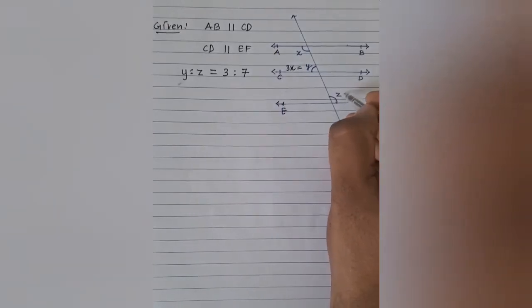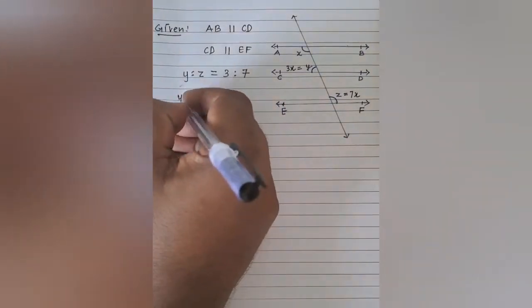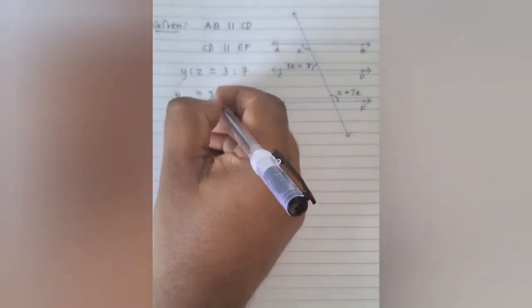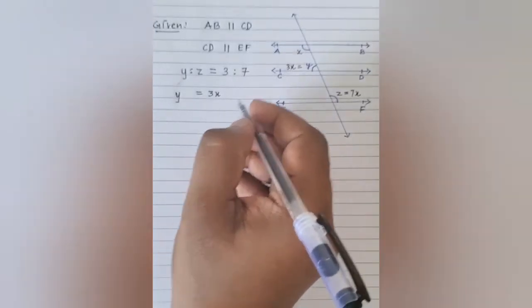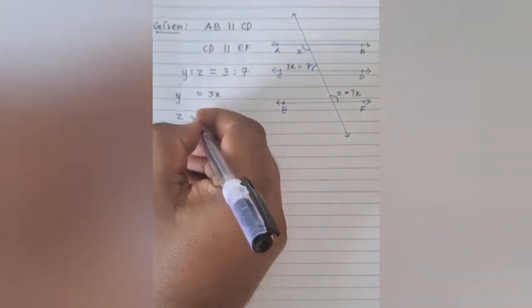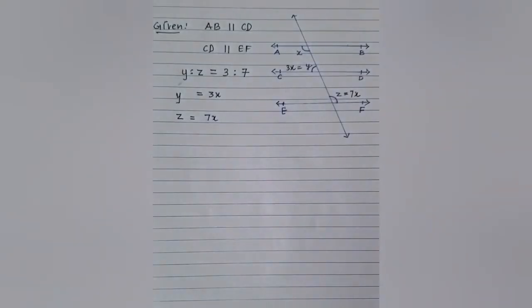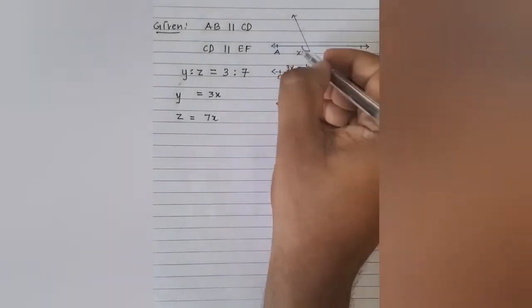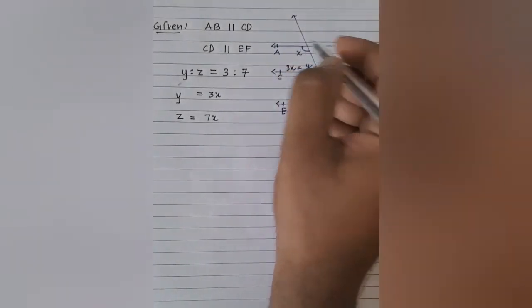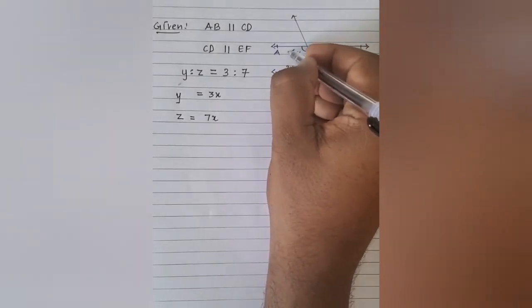I shall write it as 7x. So I'll mention it over here also, that y will be equal to 3x and z will be equal to 7x. Now, coming back to what are we supposed to find? We have been asked to find the measure of angle x. This is what we need. Okay? How shall we find?